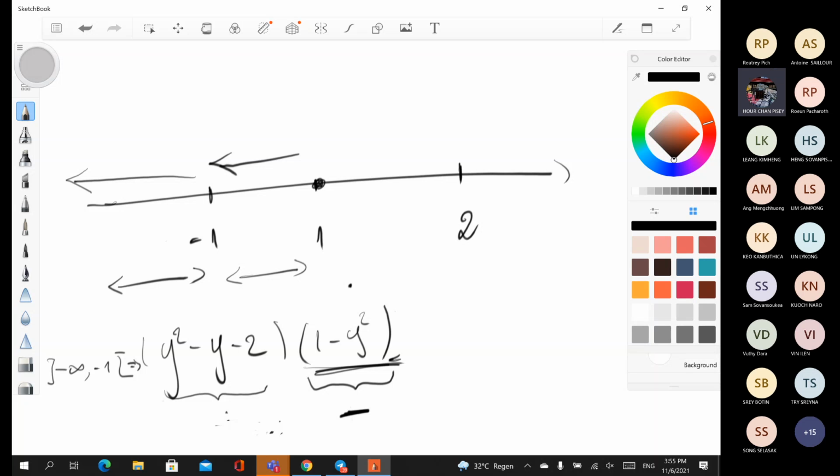Negative 2. The value of y is always negative here. So negative multiplied by negative is positive. And how about if the value is greater than 2? This one is already minus. If this one is greater than 2, it's always positive here.